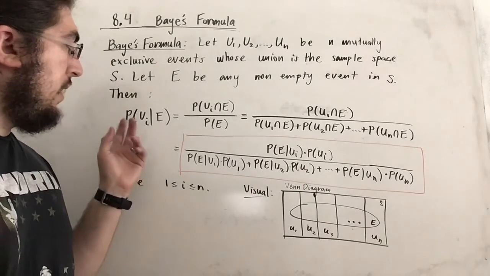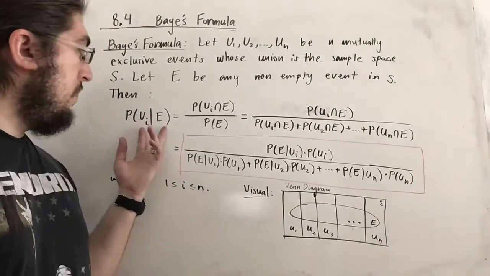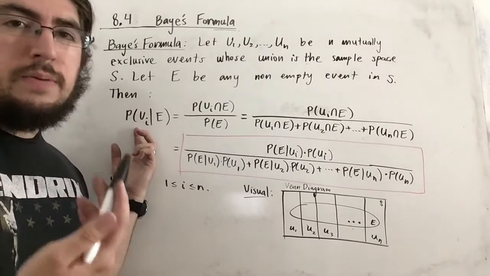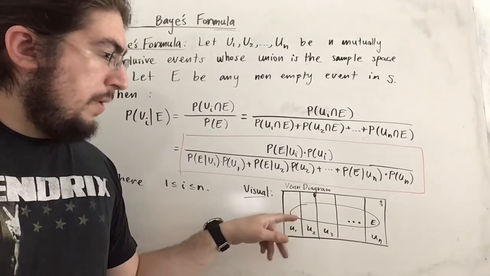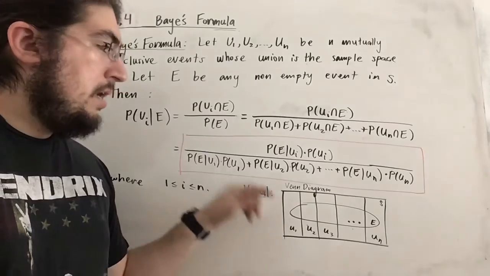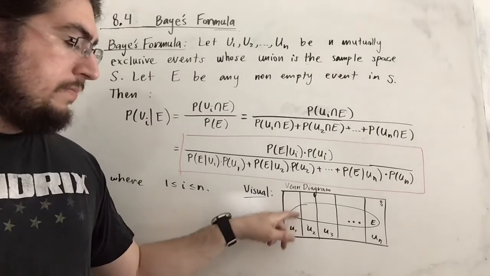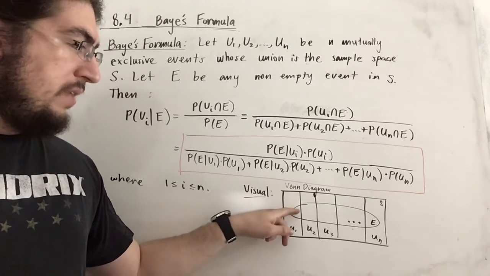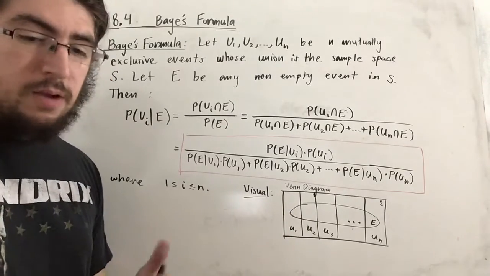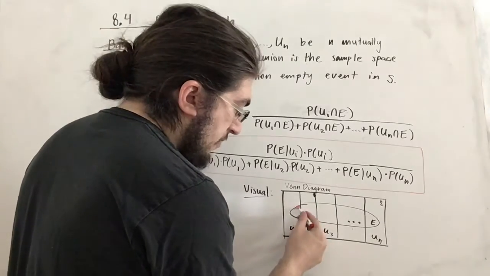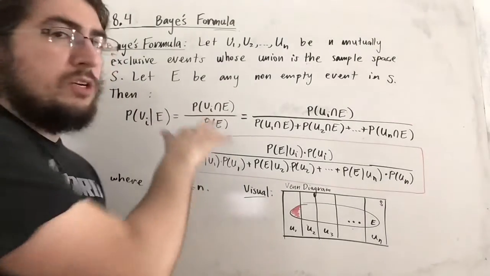Notice that we want to find the probability that it is in U something given that it was in E. So let's say we want to find the probability of U1, just to make it simple, given that it was in E. If it's in E, then we're dividing by the probability of E, the amount of things in E, and the numerator would be the things in U1 and also in E, which is this shaded region right here. Dividing that by all the elements in E. So that's basically just describing this first part here.